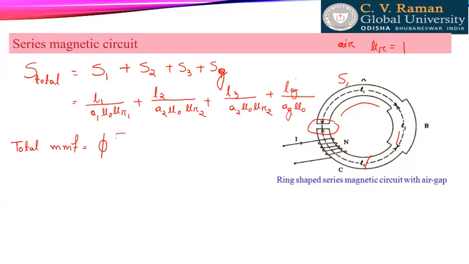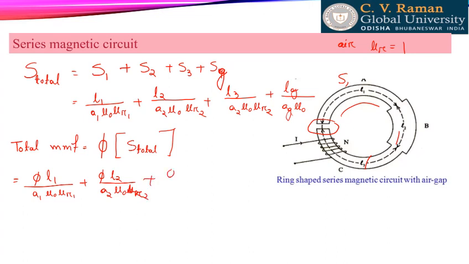So this is equal to phi L1 divided by A1 mu naught mu R1, plus phi into L2 divided by A2 mu naught mu R2, the relative permeability of material 2, then flux into L3 divided by A3 mu naught mu R3, plus flux into Lg, the length of the air gap, G for gap, divided by Ag mu naught.